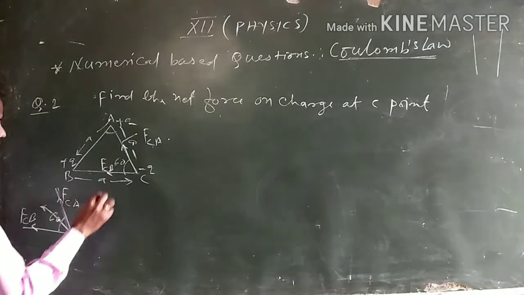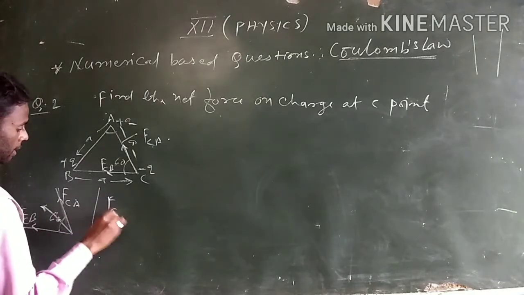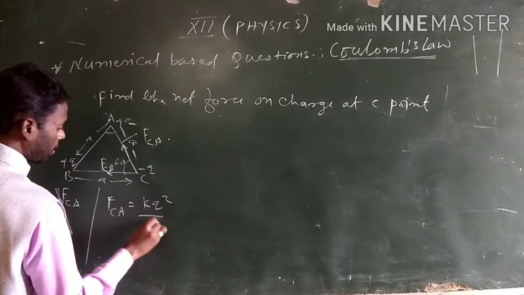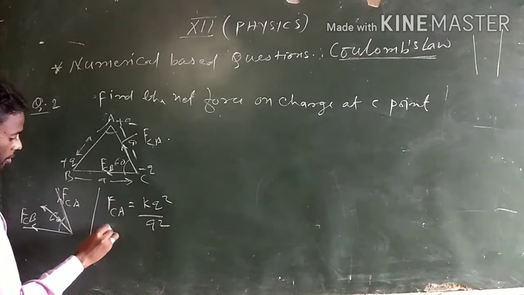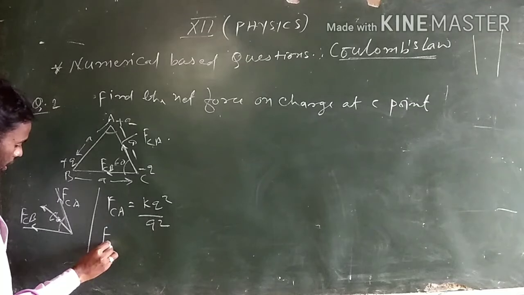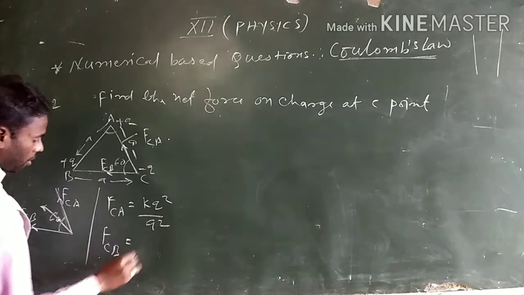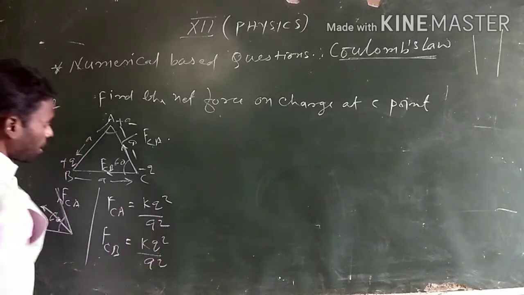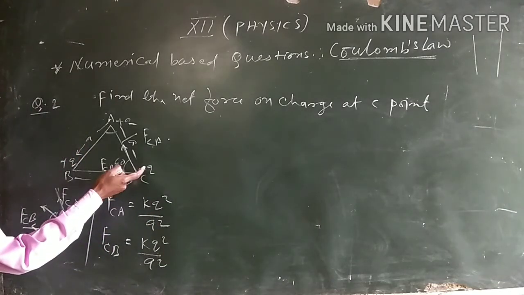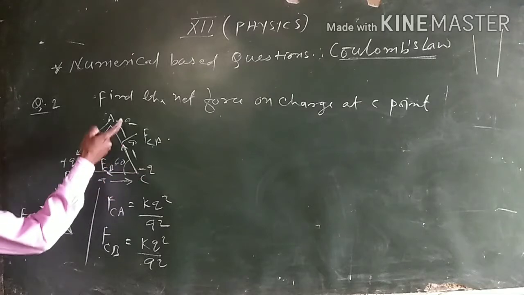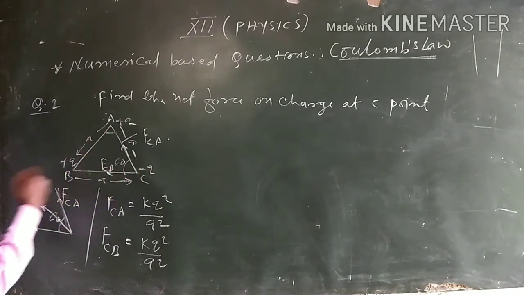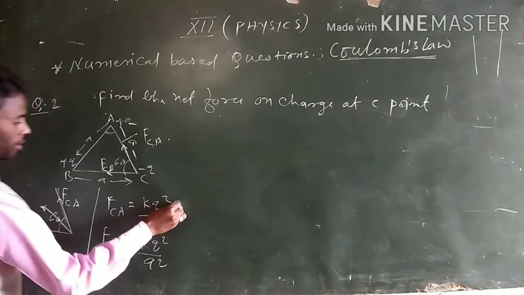That means force CA is equal to K Q squared by A squared, and force CB is the same, K Q squared by A squared, because the magnitude of the charge is the same here, plus 1, minus 1, minus, plus 1. That's it. This is suppose F.